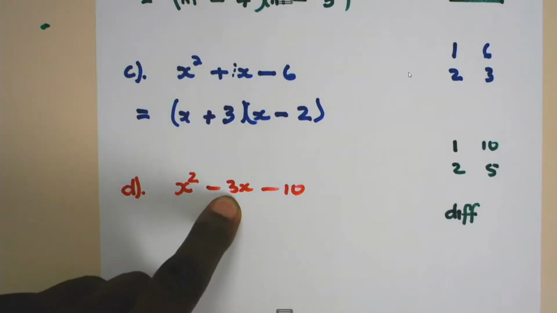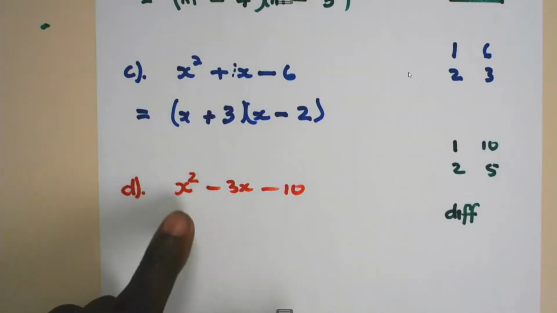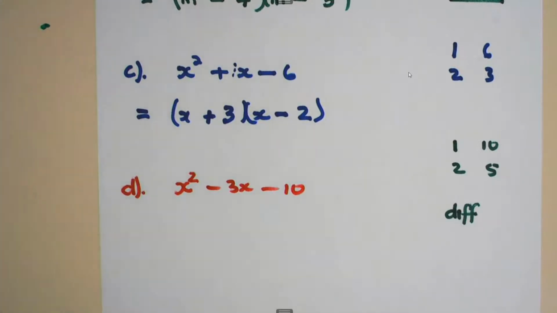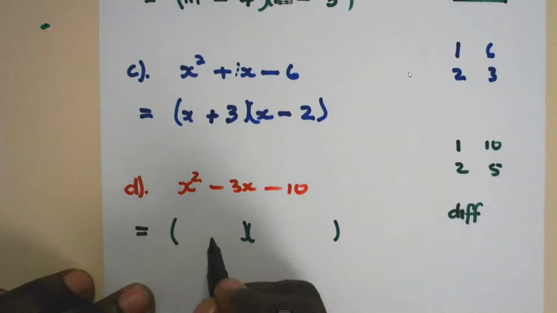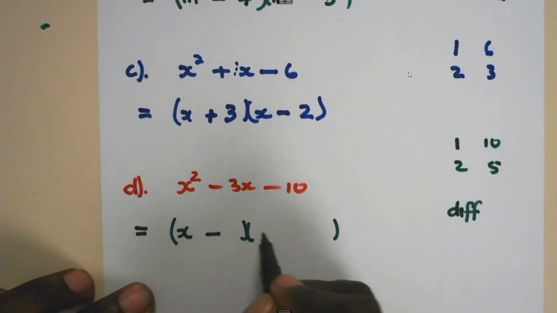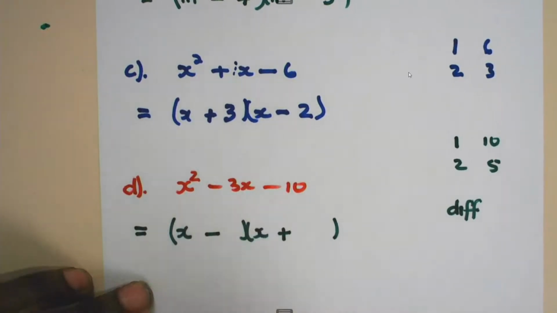The sign means they can be positive or negative, but the first must be negative. Then we put the bracket. The first must be negative, the second must be positive then.